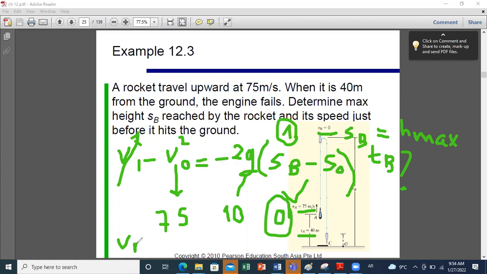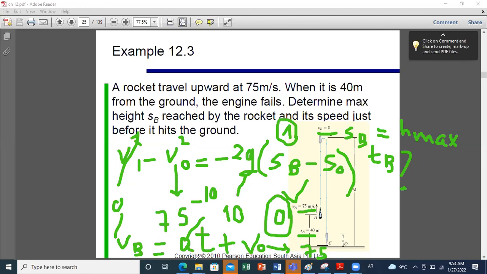So you say that VB is equal to acceleration times t plus V0. I know that V0 is 75, VB is 0, and my acceleration is minus 10. So I can get the time t needed to reach point B.